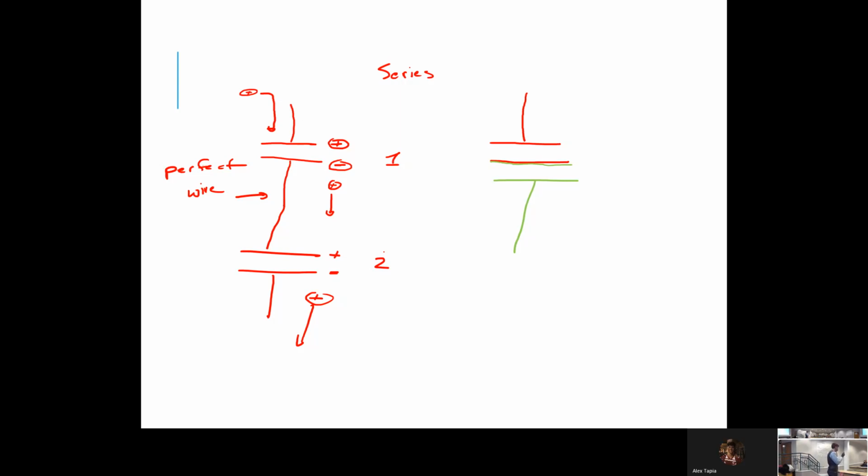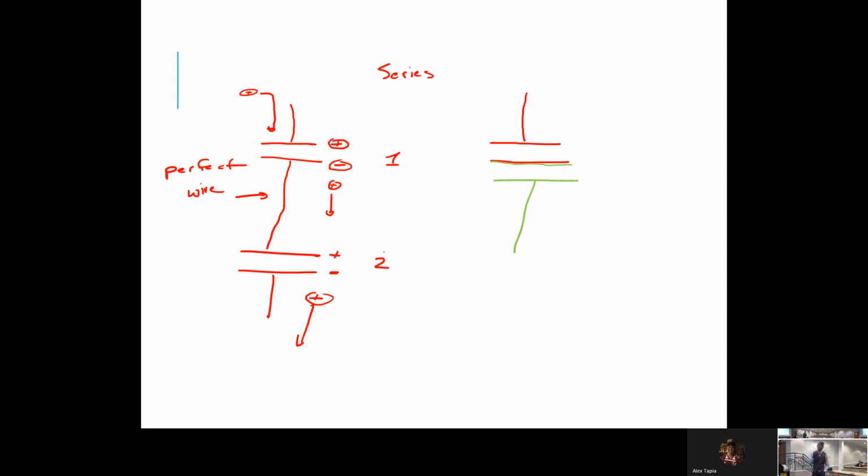So if I put 2 capacitors in series, do I increase the capacitance or decrease the capacitance of the entire circuit? Increase? Increase? Yeah.